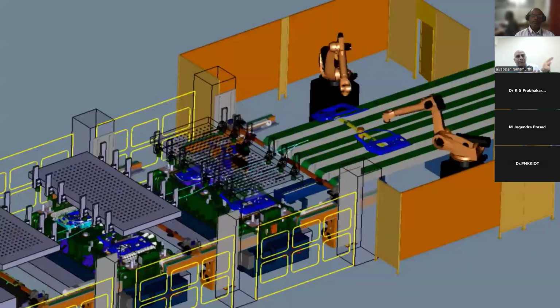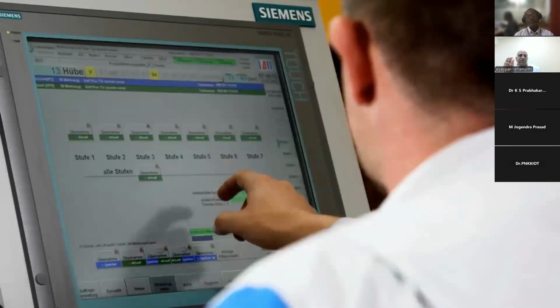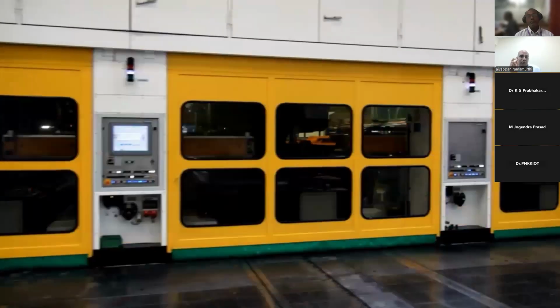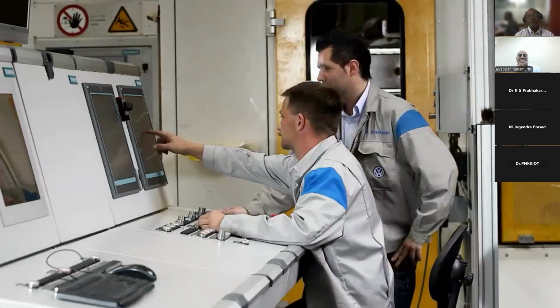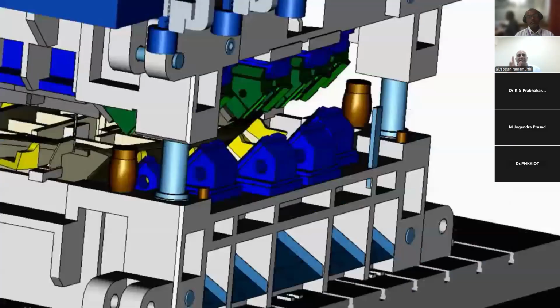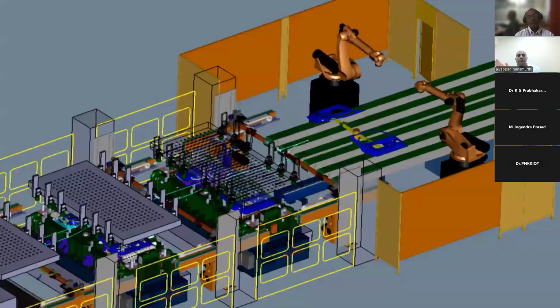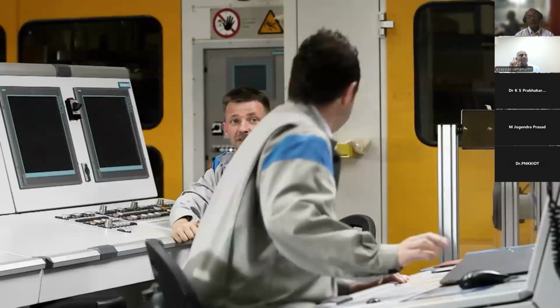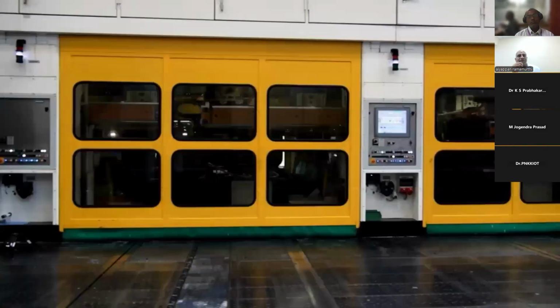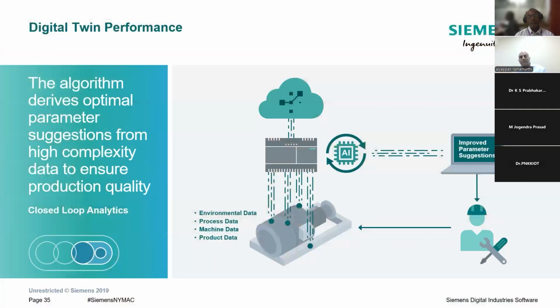If you compound 10 to 15 seconds for one tire, and in 1 hour it produces about 10 tires, then calculate it for 24 hours and for 200 machines, and that is for one day, and you just multiply by 350 days. Just see that, there are crores of money which could be saved if you're able to create the digital twin which can optimize the performance.